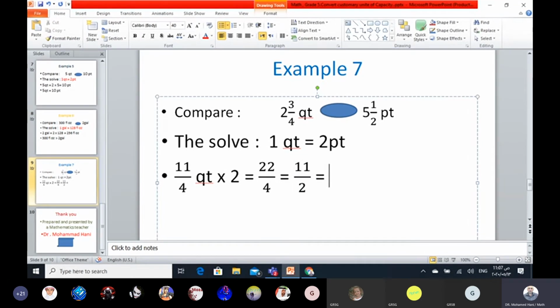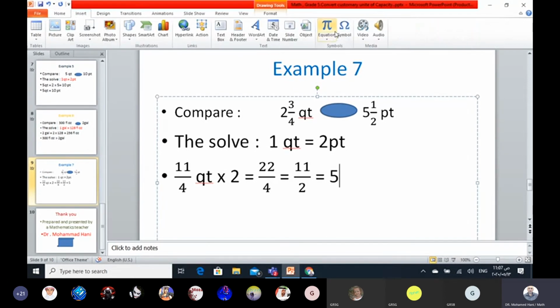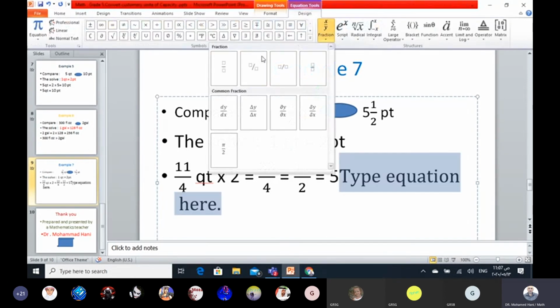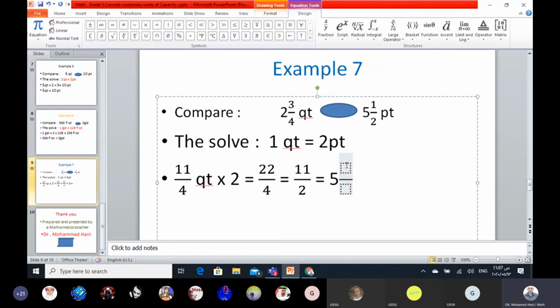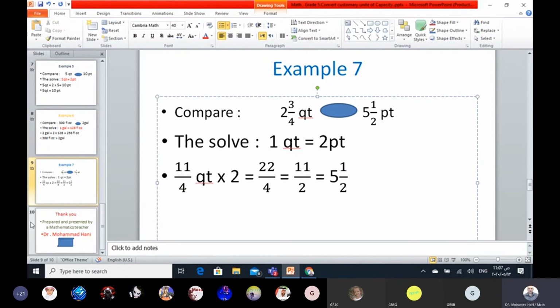Then 11 divided by 2 will be 5 and a half. So 11 over 4 equals 5 and a half PT.